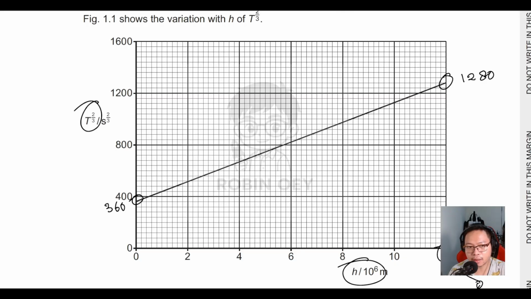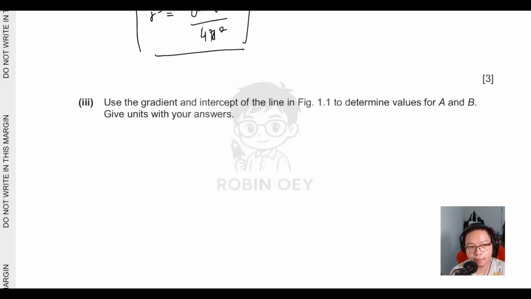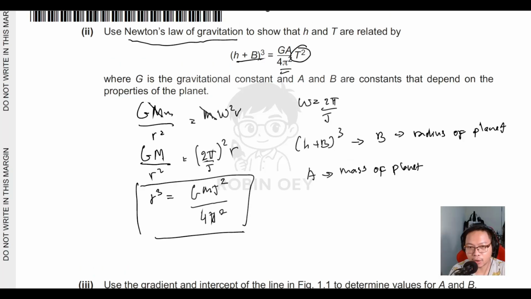The graph is a graph of T against h. So the gradient would be T. Okay, before we go to the gradient, let me show you step by step.